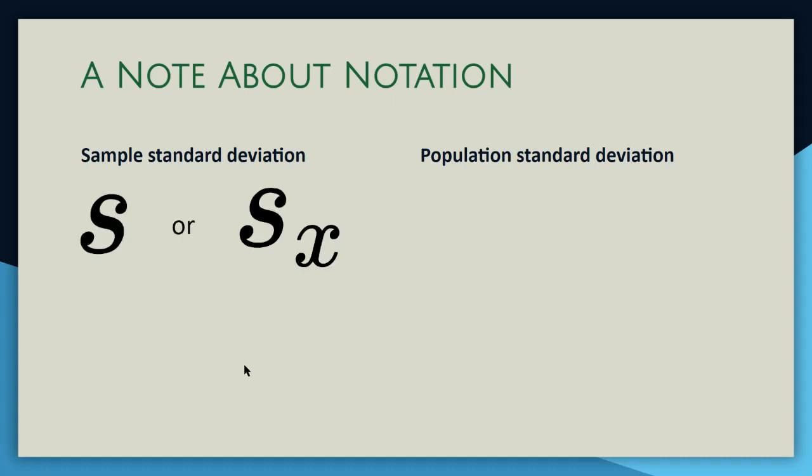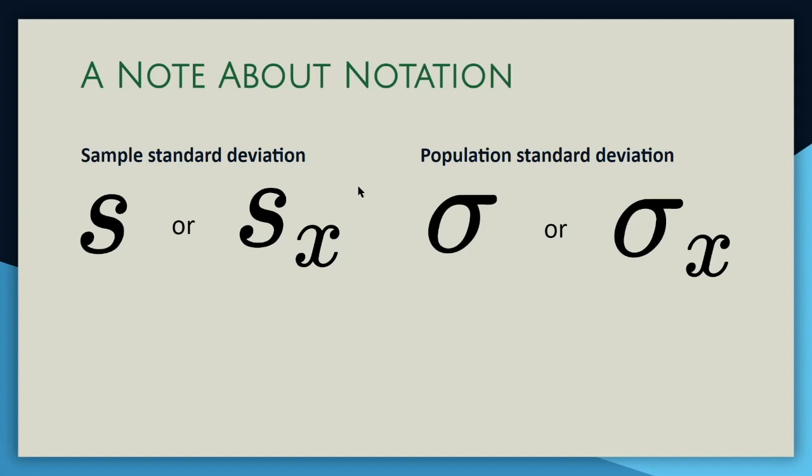So for the sample standard deviation, we use S, or sometimes S sub x, to indicate that it's the standard deviation for a single variable x. We will come back to this type of notation later, but this notation here, S sub x, is the notation you're going to see on the TI-84s.